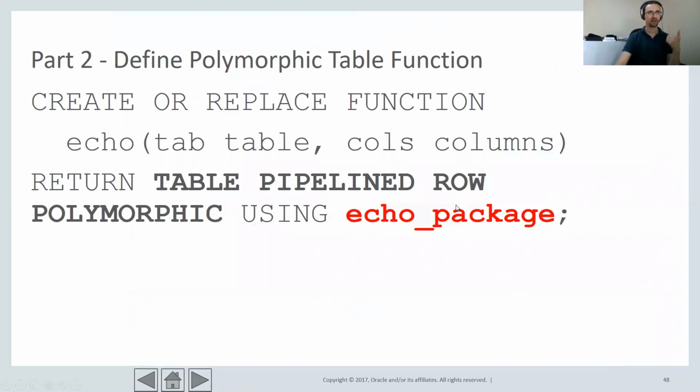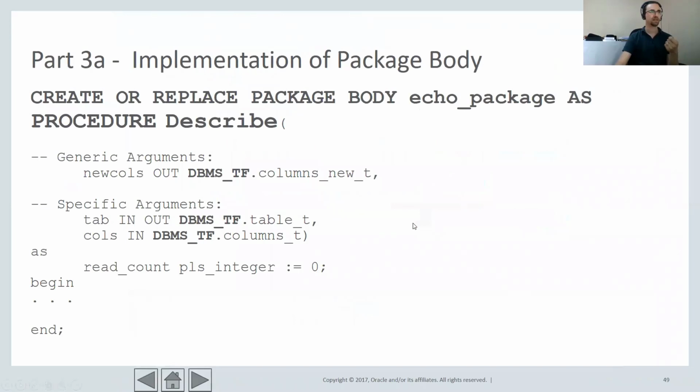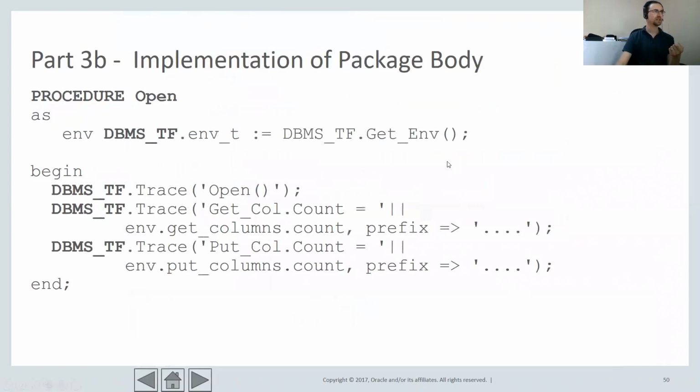So let's return to where we were. We had our package, we created our PTF, and we've got our describe function. So what's actually going on in here? DBMS_TF.TRACE is instrumentation or logging telling you what's going on. Because it's a black box, it can be tricky to figure out what's happening when you're implementing these.